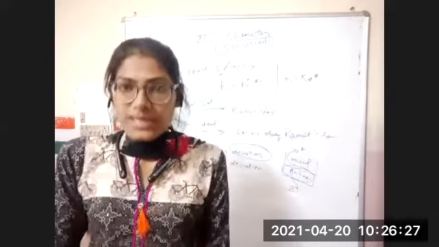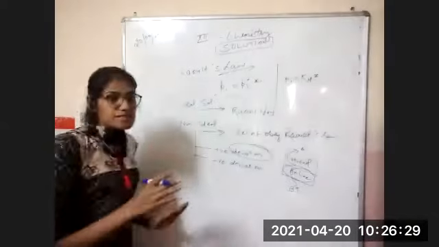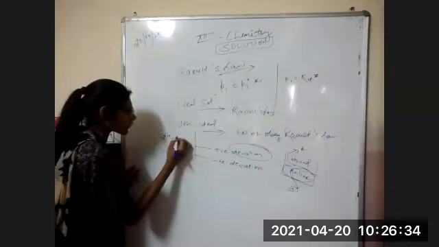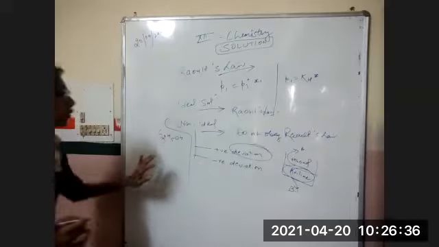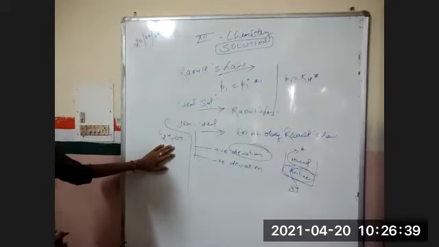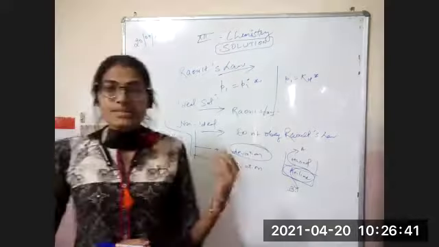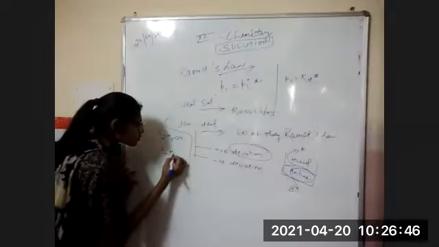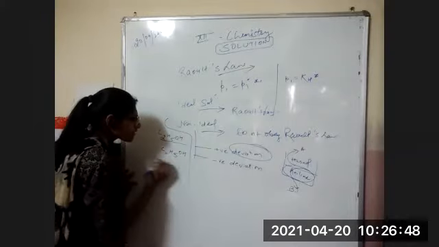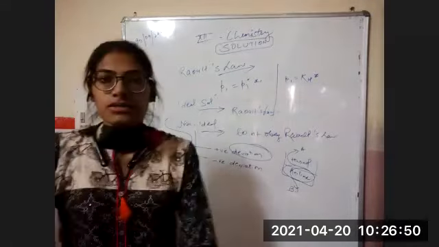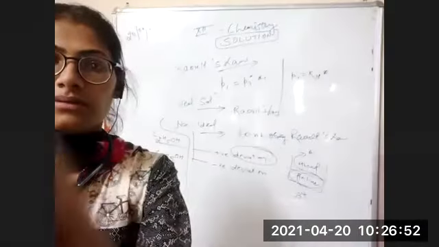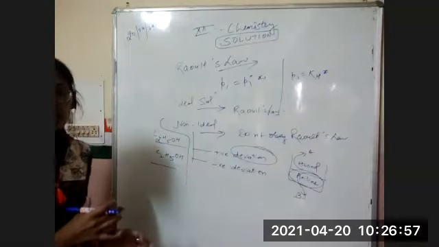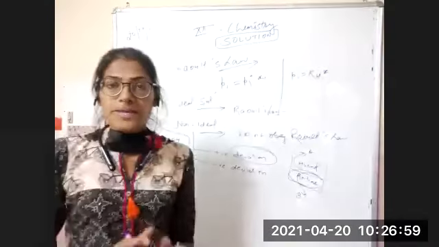If we have only ethanol, we know very well, as we studied in 11th standard, the formula of ethanol is C2H5OH. So there is a molecule of C2H5OH, and there is another molecule of C2H5OH. That means we have 2 moles of C2H5OH which are combined, which are present in a liquid in a beaker.